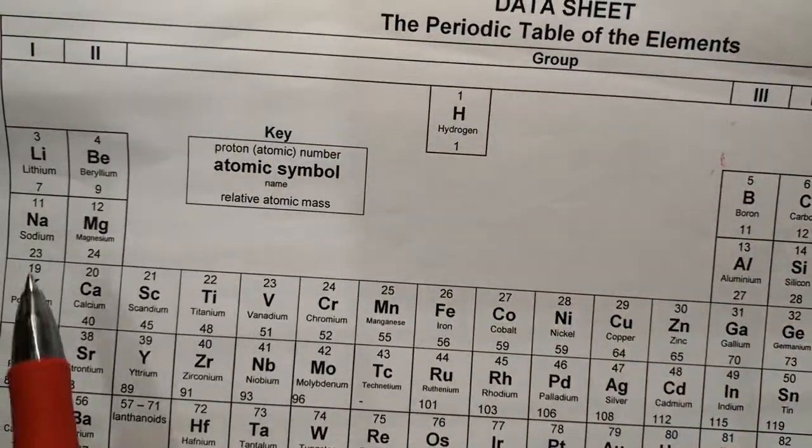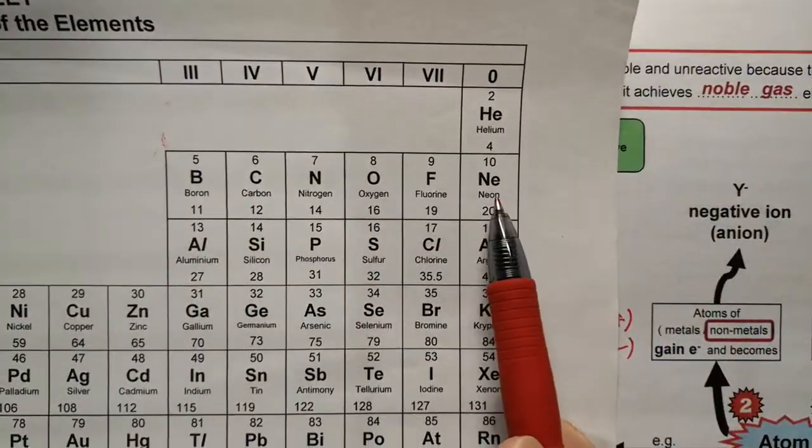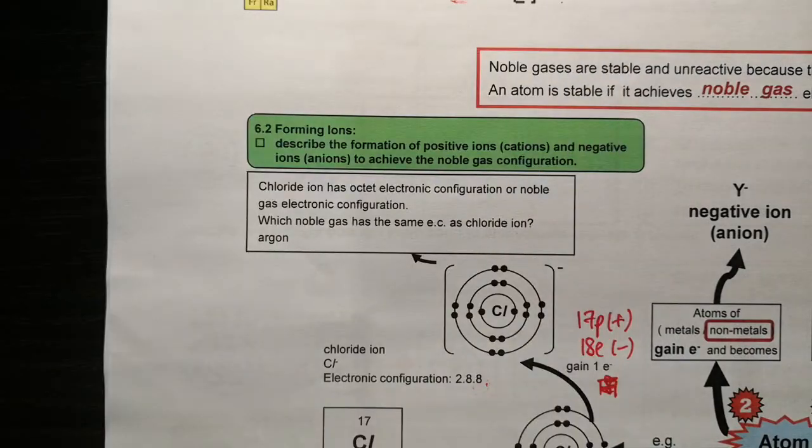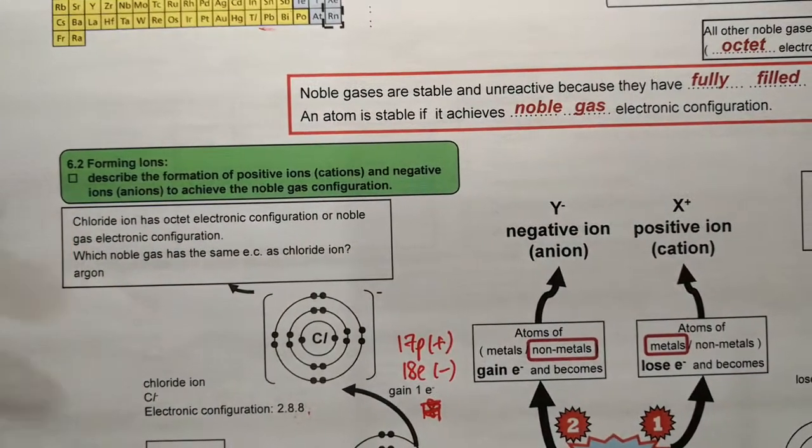For example, just now, the sodium and the neon. So take note of that. Metal becomes ion, same electronic configuration as the noble gas in the previous period. And when a non-metal becomes an ion, it has the same electronic configuration as the noble gas in the same period.